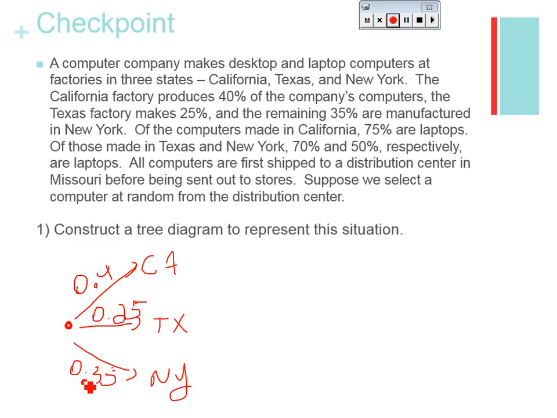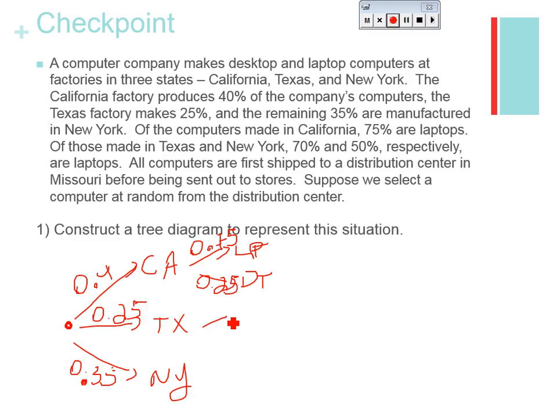So in terms of the types of computers, we have laptops and desktops. So the probability that a laptop was made in California, and I'm just going to abbreviate laptop with LT, that's going to be 0.75 here, which means that the probability that a desktop was made in California is 0.25.